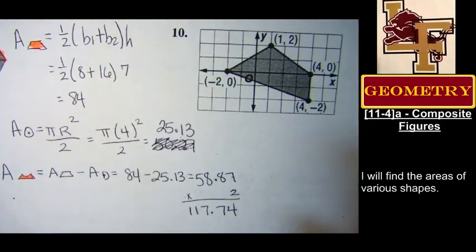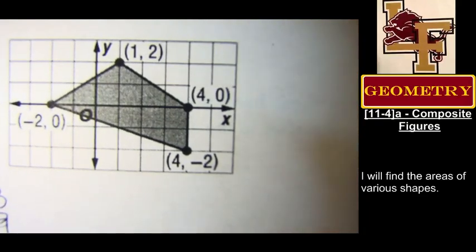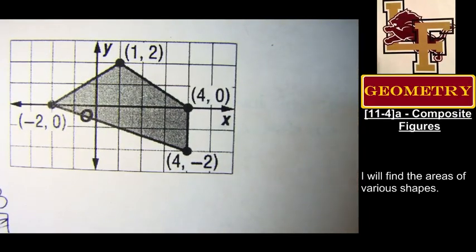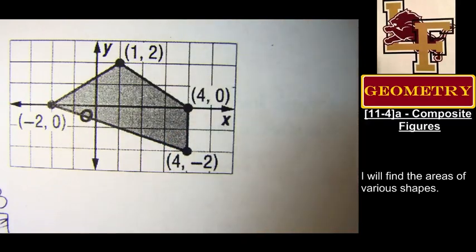Okay, there's number 10. That's another weird shape. All right, let me zoom in on number 10. Let's see if we can't get some more detail. Are there any smaller shapes in here that are easier for us to handle? Do I see any other shapes in here that I could deal with? Square. Okay, there's a square. Where's the square?